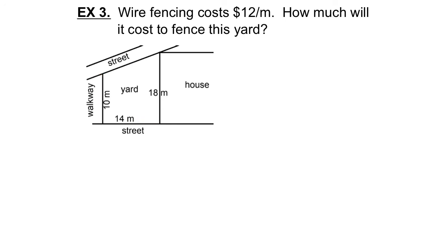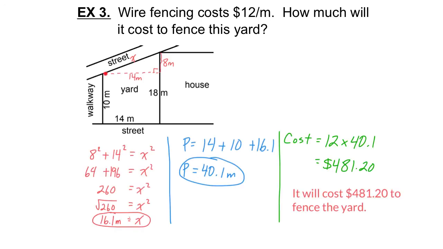So pause the video, try to come up with a solution on how to find this length right here, and I'll give you a hint. It has to deal with composite shapes. When I break this down in my mind to see that there's a triangle there, I can use the Pythagorean theorem to find the hypotenuse.